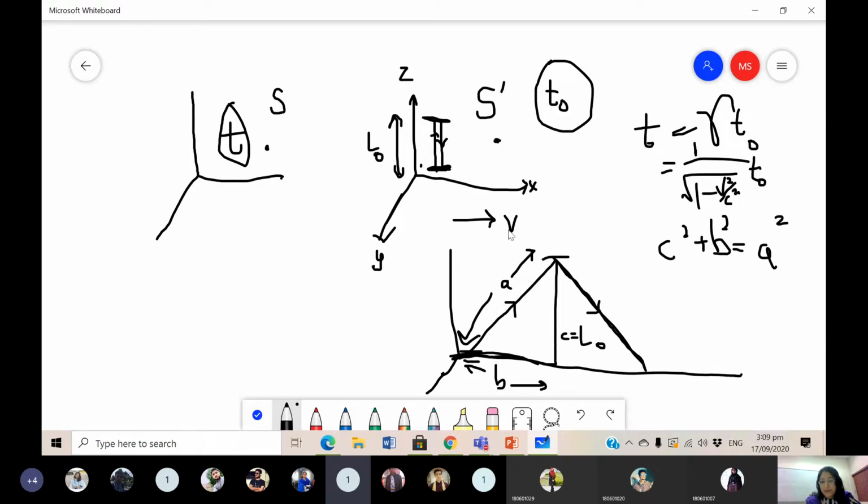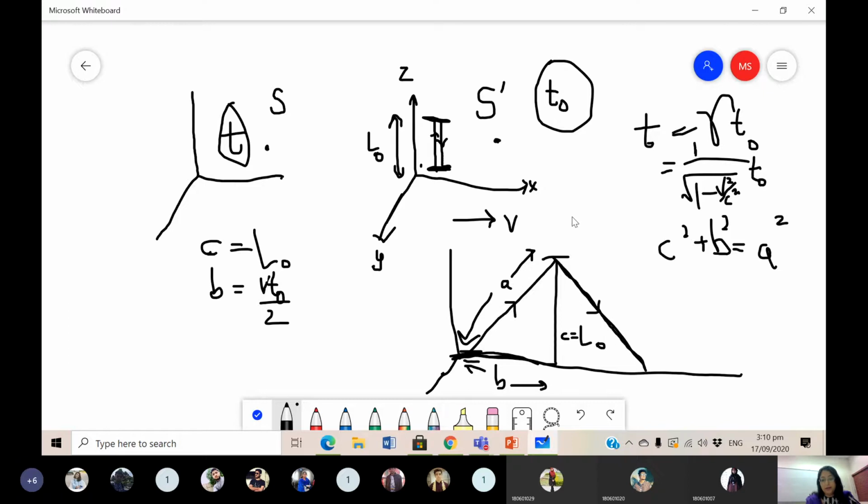And then the velocity of the frame is v. So our c is equal to L naught. Do you understand how b is equal to v into t naught divided by 2?